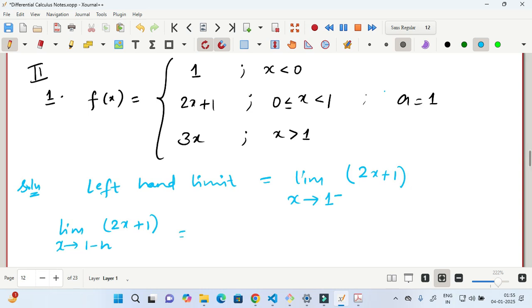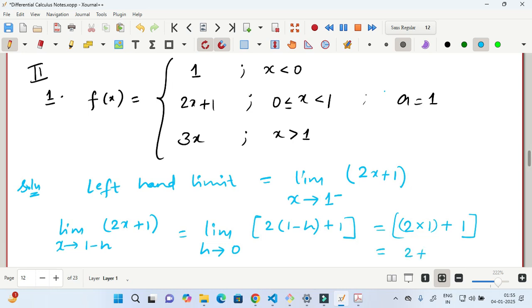This is equal to limit h tends to 0, substituting 1 minus h in the place of x, 2 into (1 minus h) plus 1. Now substitute 0 in the place of h. So 2 plus 1, which is equal to 3. Let's name it equation 1.